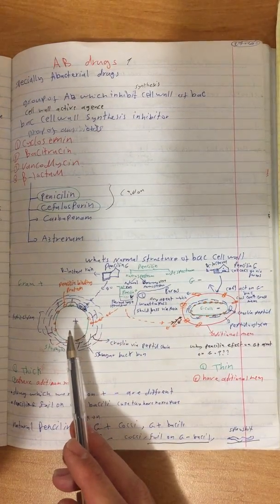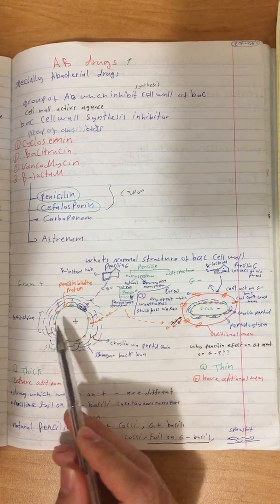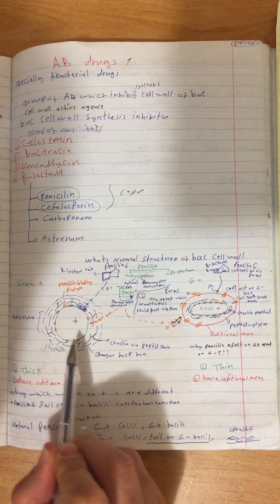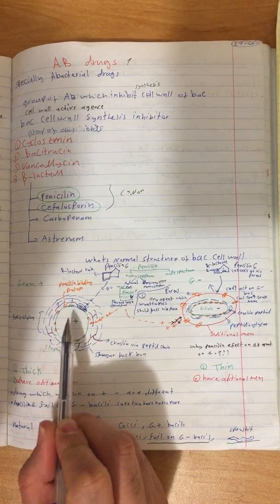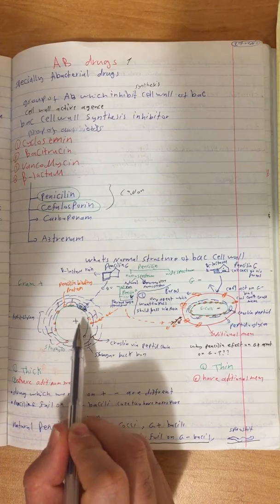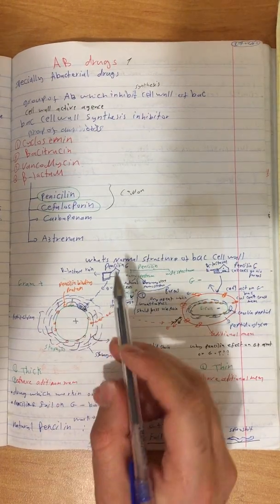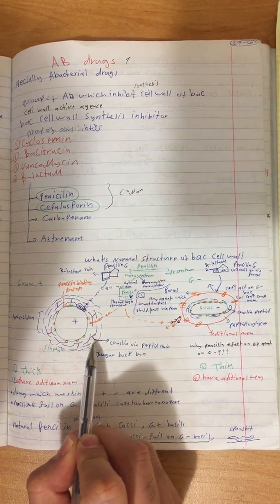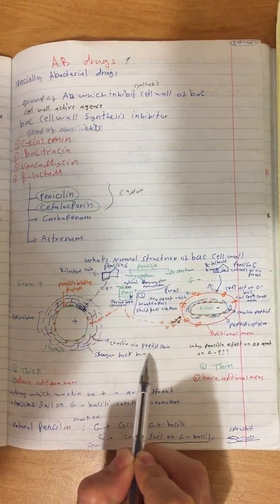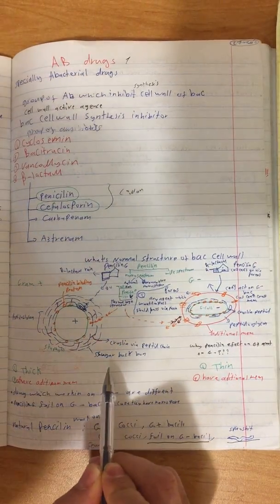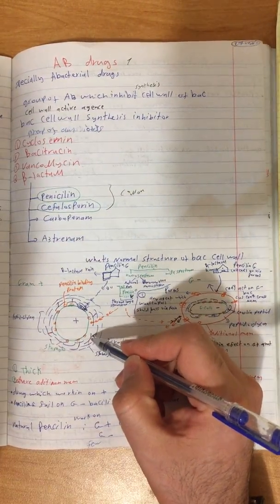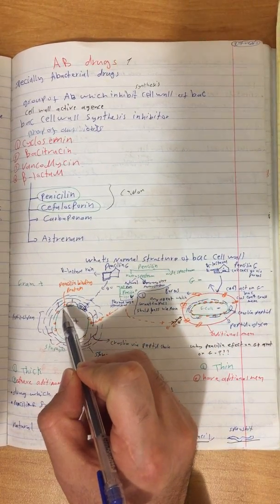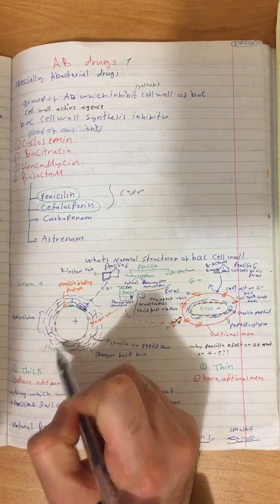In Staphylococcus, here we can say it's the cytoplasmic membrane of Staphylococcus. Here is peptidoglycan. Here we have cross-linked via peptide chain, sugar backbone. This part is the sugar backbone. This is penicillin binding protein.